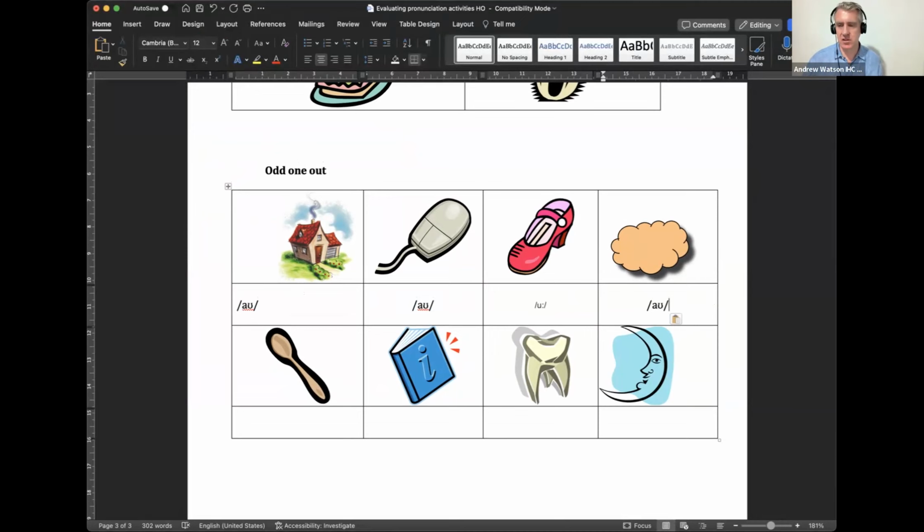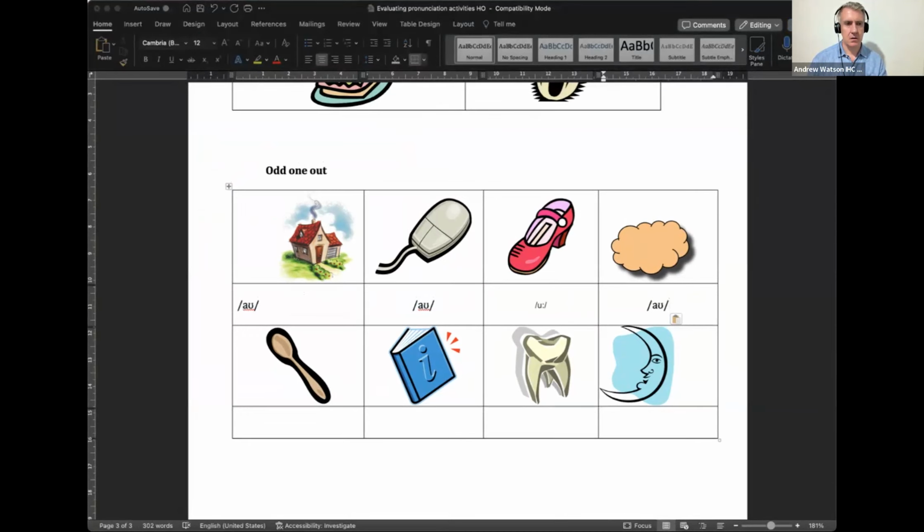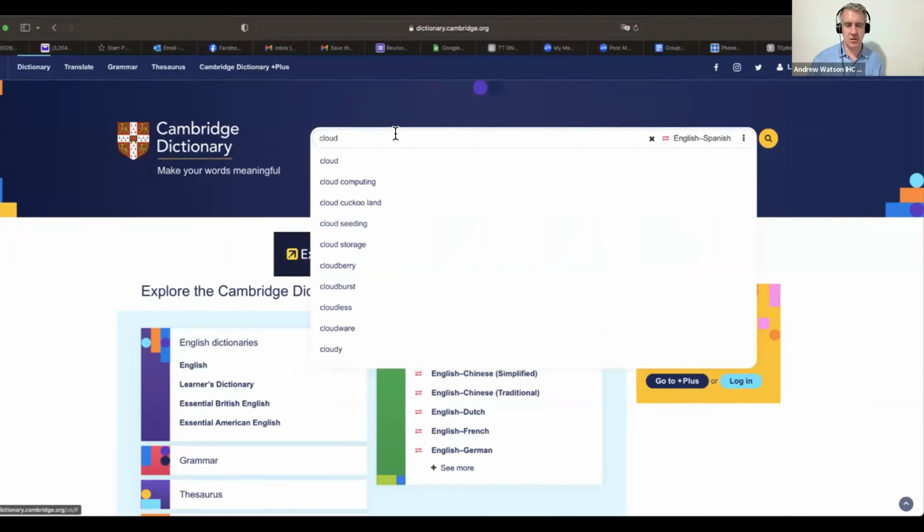Well, we've got the dictionary, right? Cambridge Dictionary online. So let's check cloud. We're not sure. It's nothing simpler than using the dictionary online.